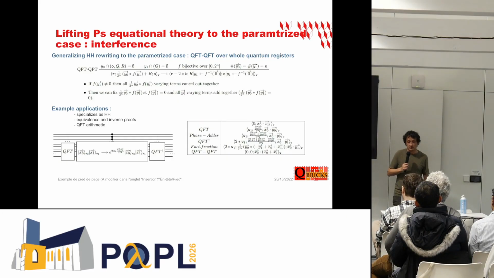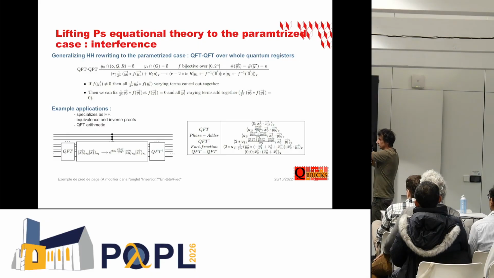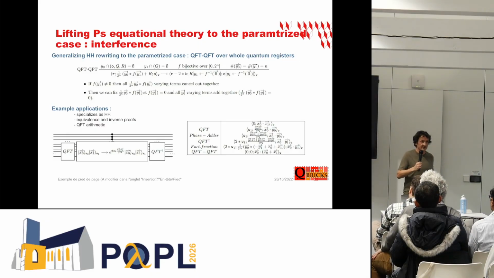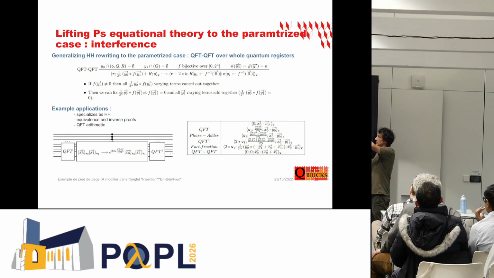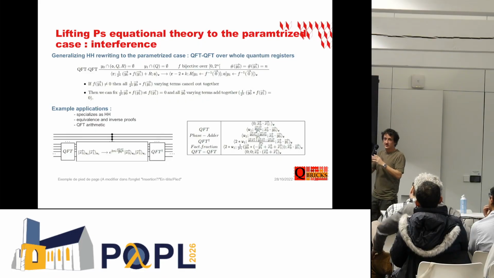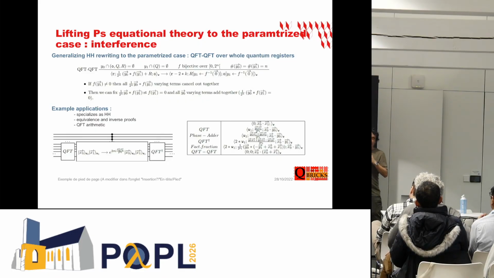Okay, so basically, maybe I'm going to be quick on that, but this is about the updating of the rewriting theory to the parameterized case. So here is the generalization of the HH rule as an application to an arbitrary sized register.